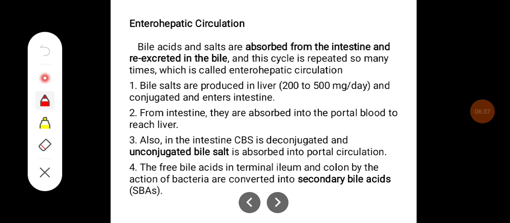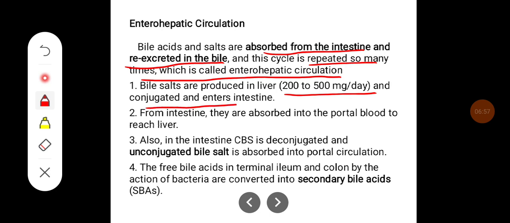Enterohepatic circulation. Bile acids and bile salts are absorbed from the intestine and re-excreted in the bile. This cycle is repeated many times, which is called enterohepatic circulation. Bile salts are produced in the liver, around 200 to 500 milligrams per day, conjugated and then enter the intestine.